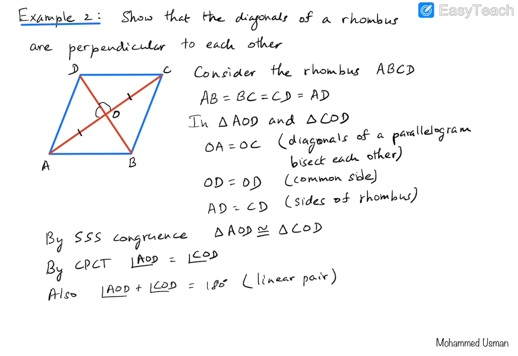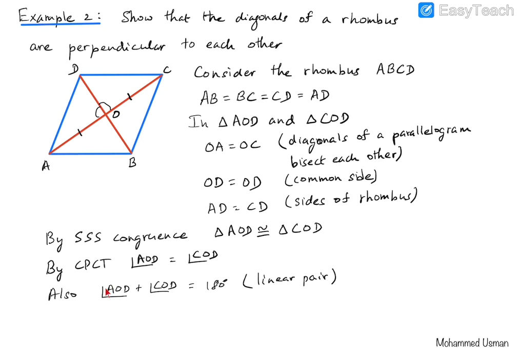Now we already know that angles AOD and COD are equal to each other and the sum of them is 180 degrees. So each of them must be 90 degrees, since 90 plus 90 is 180. That's the first thing we know by CPCT.